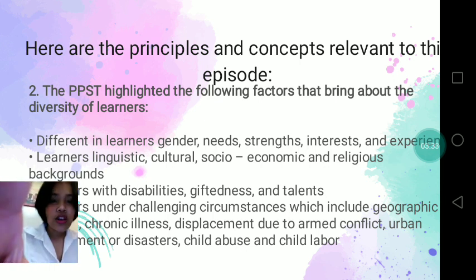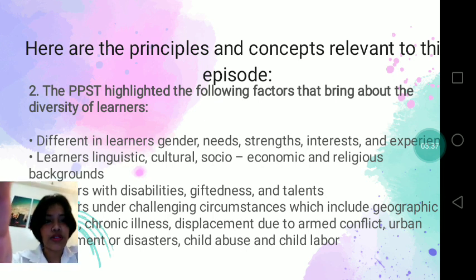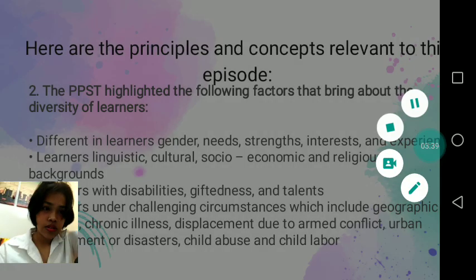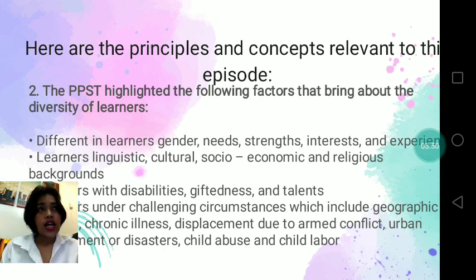Next is learners' linguistic, cultural, socio-economic, and religious backgrounds. Okay, sorry for that. So, yeah, dito tayo sa learners' linguistic, cultural, social, economic, and religious backgrounds. So, bakit natin kailangan malaman? It is possibly because si learner A is from different cities and speaking different language.